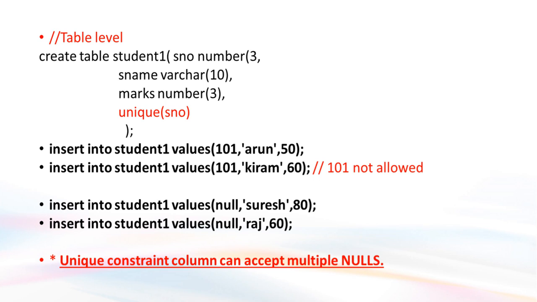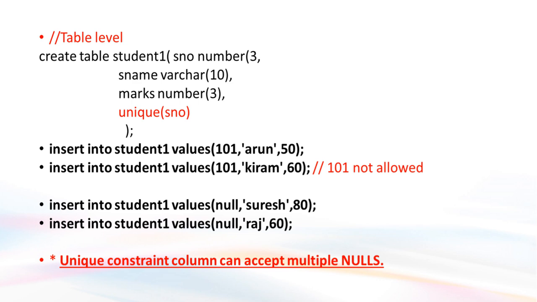Similarly, see this example. Insert into student1 values, nulls can be inserted. If I define a column as unique, null values are allowed. And one more thing is we can provide any number of nulls. It will not apply that rule to nulls. See, S number is defined as unique, right?